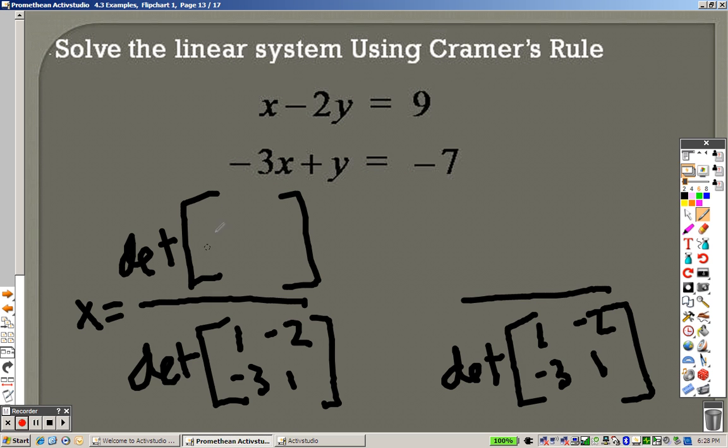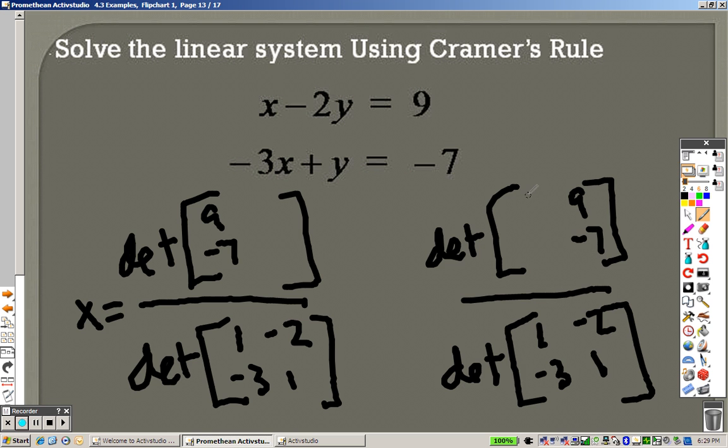For the X, everything stays the same, except if I'm solving for X, I put the answers in for X. If I'm solving for Y, I put the answers in for Y. So then the bottom and the top are the same.